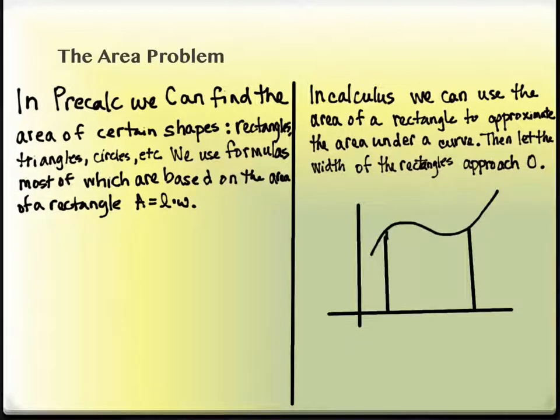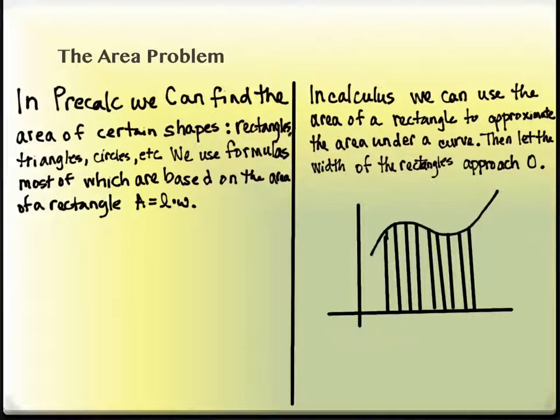So the idea here is that if I took more and more rectangles where their widths get closer and closer to zero, the little bitty pieces look more and more like actual rectangles, because the curve itself looks more and more straight the more you zoom in.